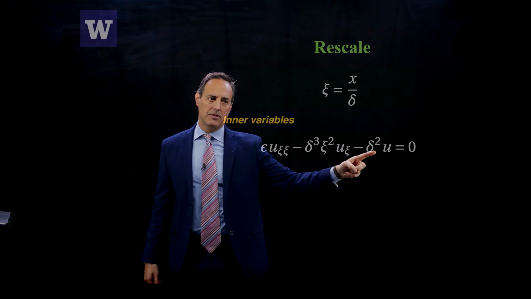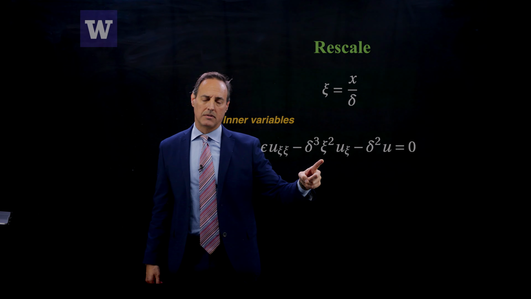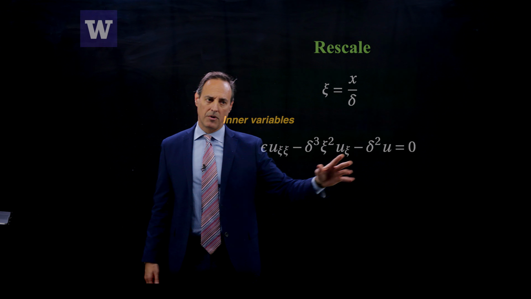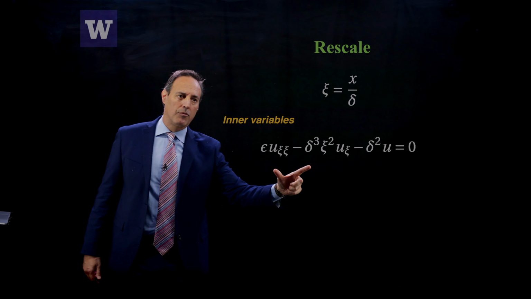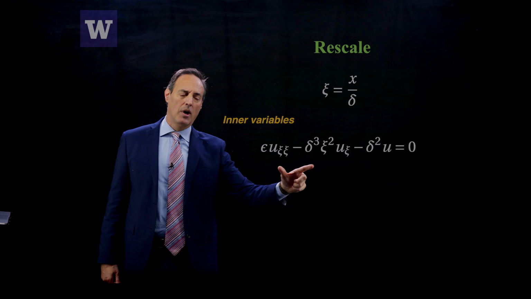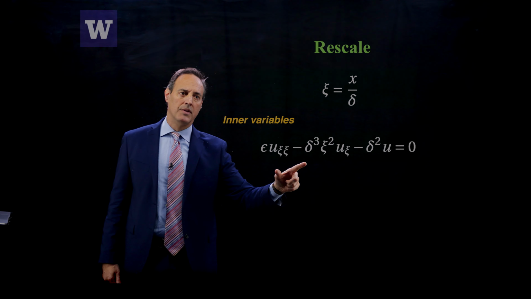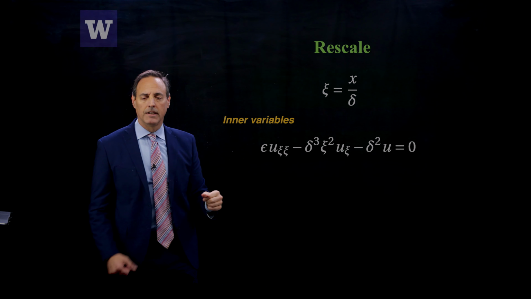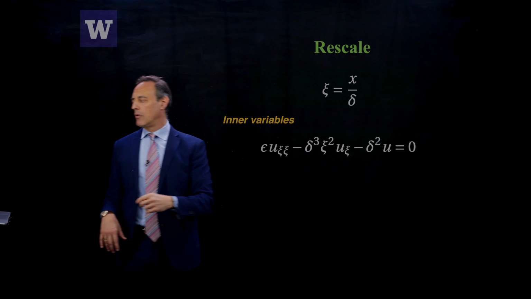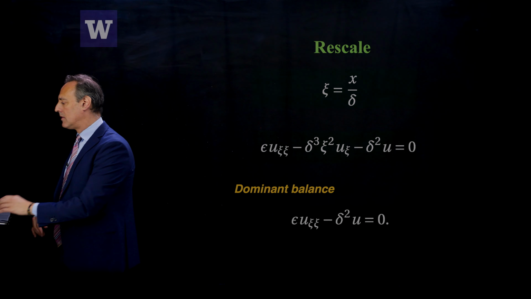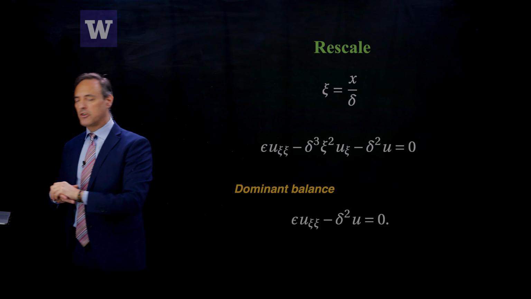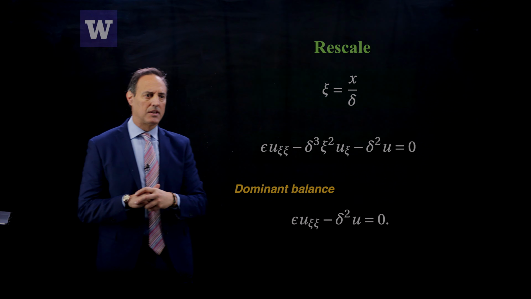So this will all be smaller than this. So I'm going to throw that out. Then you're left with two terms. You have an epsilon here, delta cubed there. And then the question is, how am I going to go about balancing these things to make them work? So the dominant balance looks something like this.